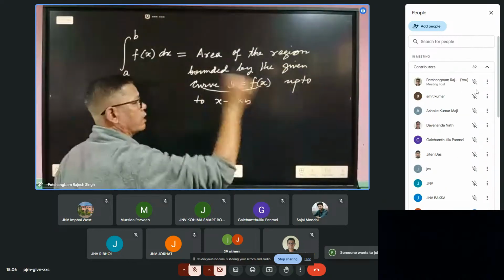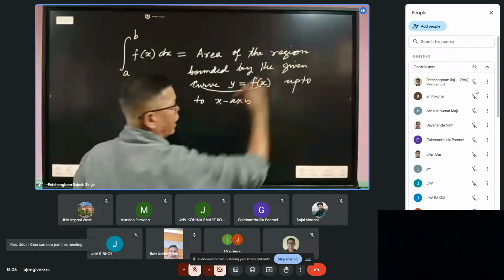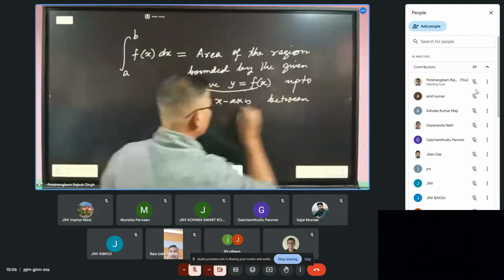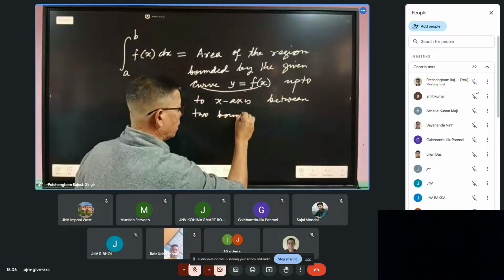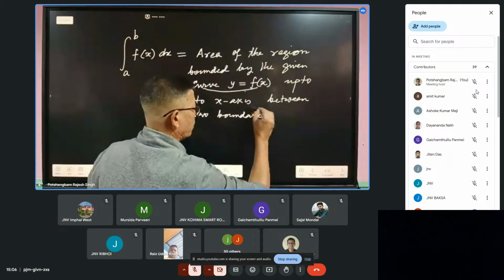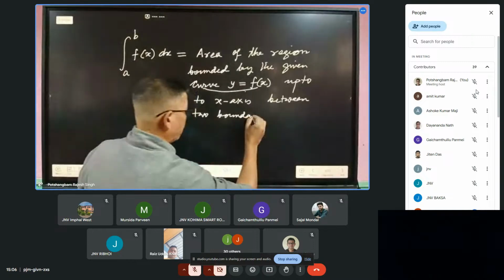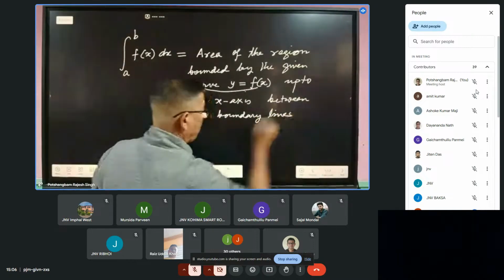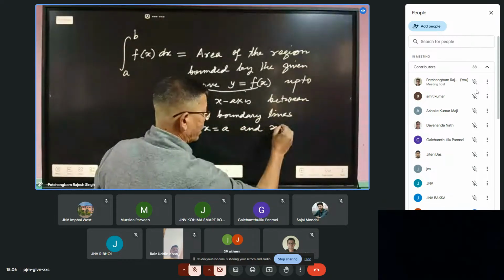The area should be bounded by the curve up to the x-axis, and between two boundary lines, represented by x equal to a and x equal to b.